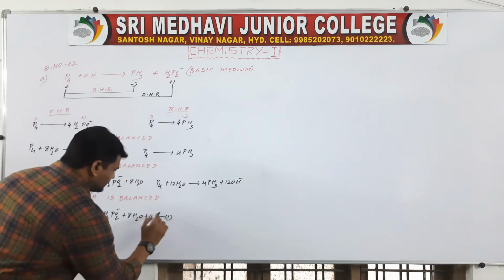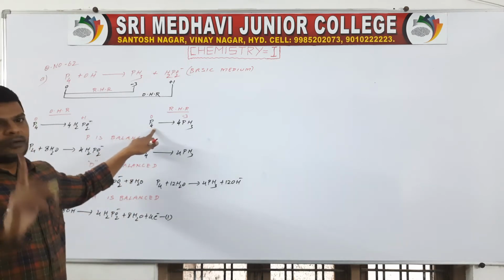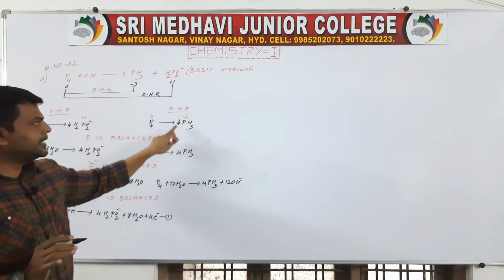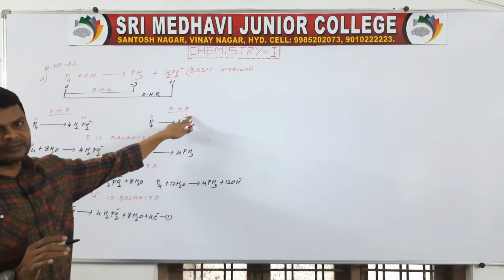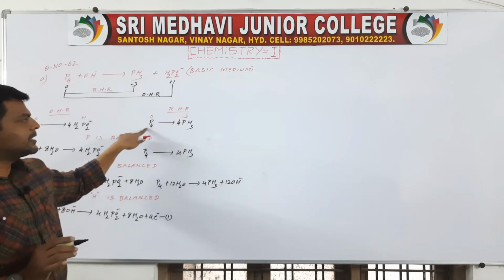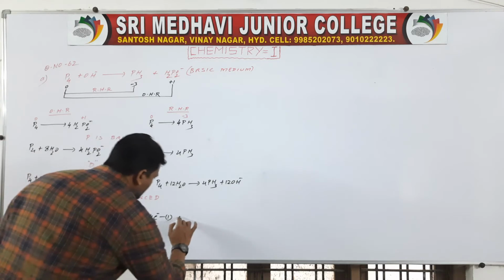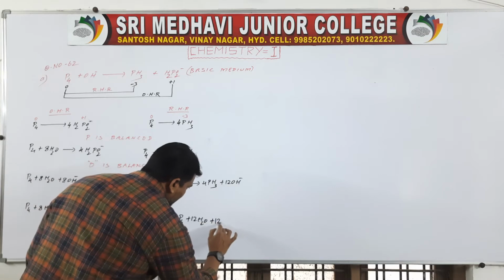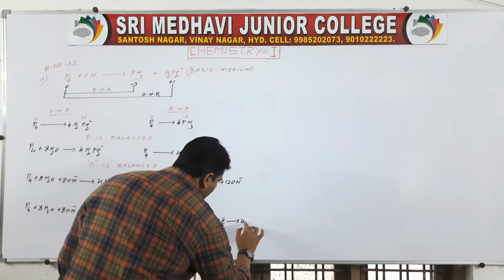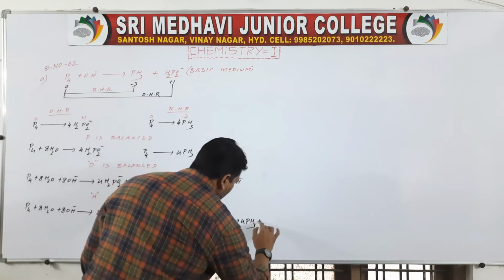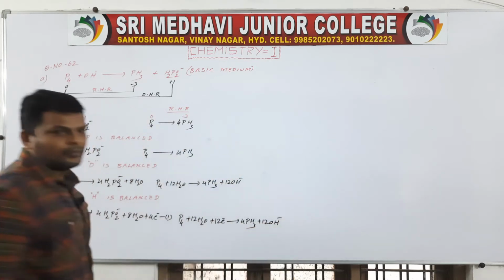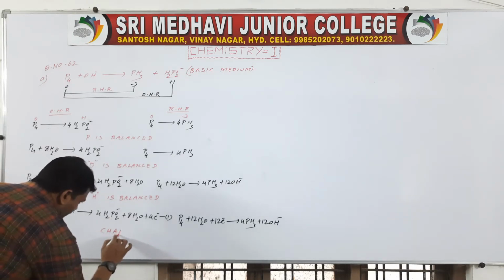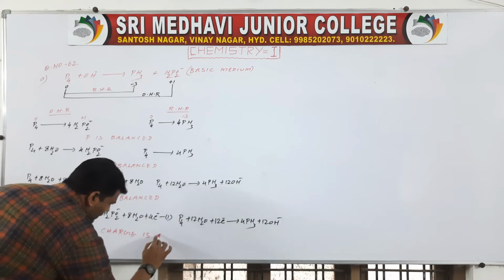Then 1 phosphorus 0, 4 into 0 is 0; 1 phosphorus minus 3, 4 into minus 3 is minus 12. So 12 electrons we have to add this side. P4 plus 12 H2O plus 12 electrons gives rise to 4 PH3 plus 12 OH minus. Now you have to write charge is balanced.